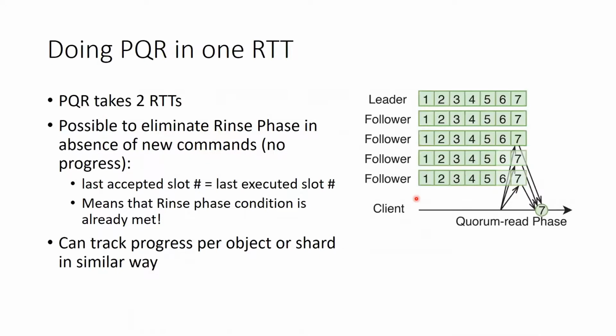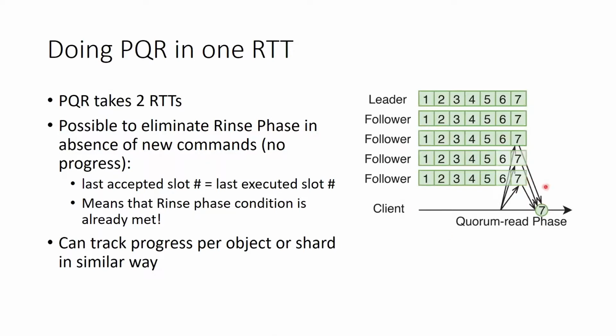Luckily for us, oftentimes we can do better than 2 RTTs. We can actually reduce the communication down to 1 RTT. And the reason why we can do this is because, consider the simplest case when we have no progress in the Paxos-backed replicated state machine. When we have no progress, then the latest accepted slot of every single follower is also going to be the latest executed slot at all of these followers.